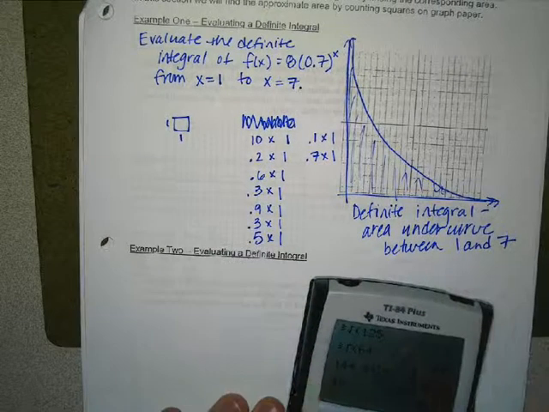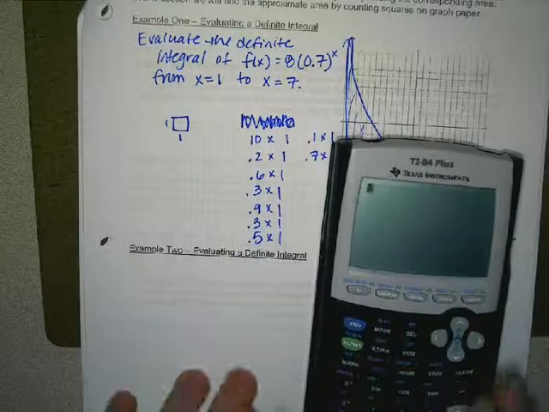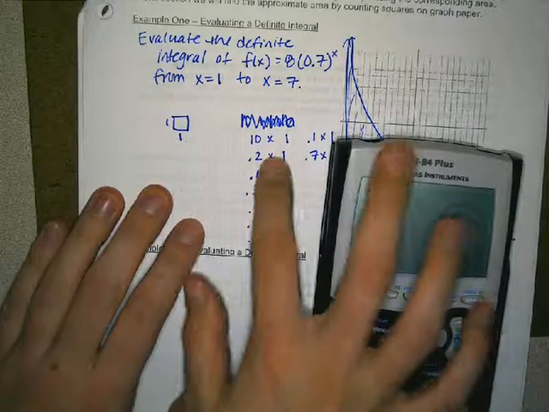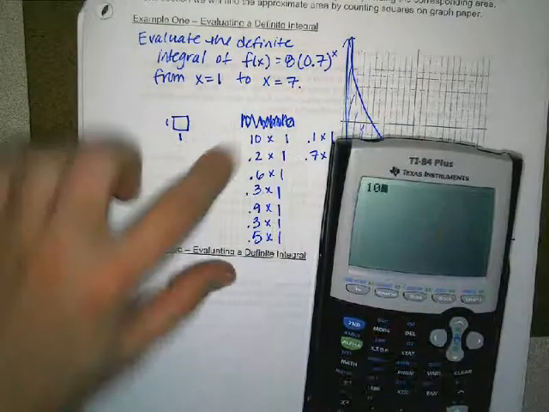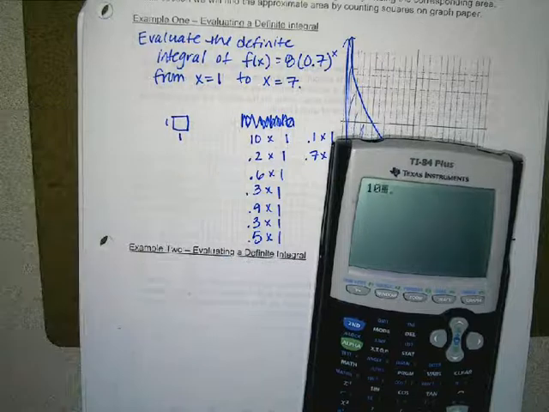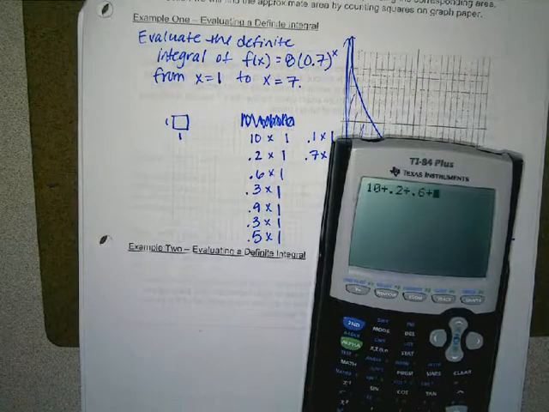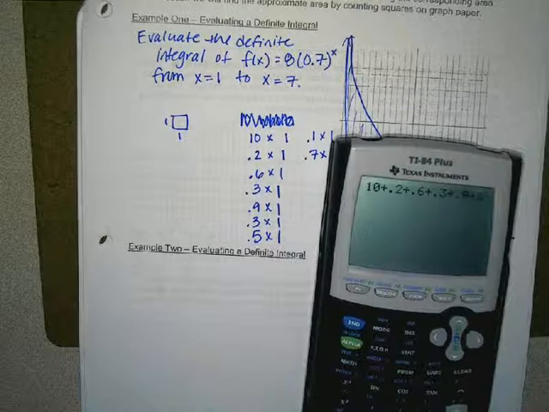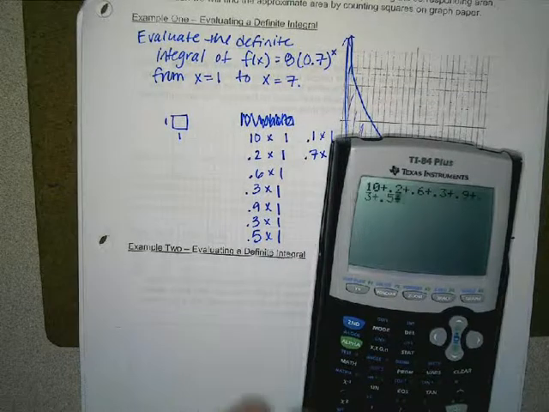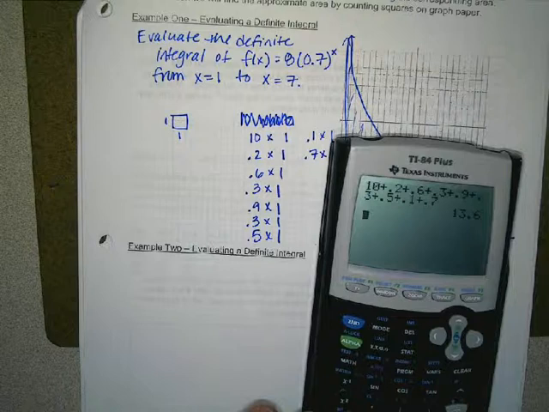So you're going to add up 10. Now, because each one of these is just times 1, I'm just going to add up the 10, the 0.2, and the 0.6, and so on. 13.6.